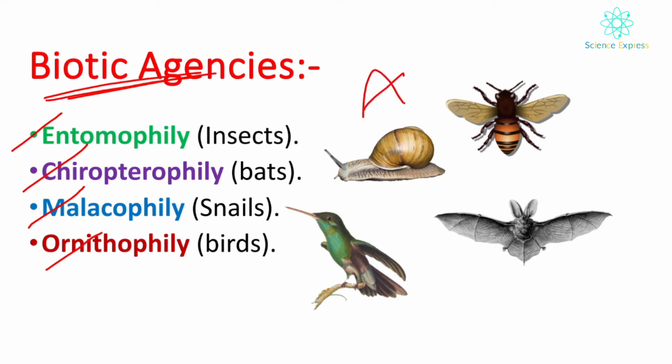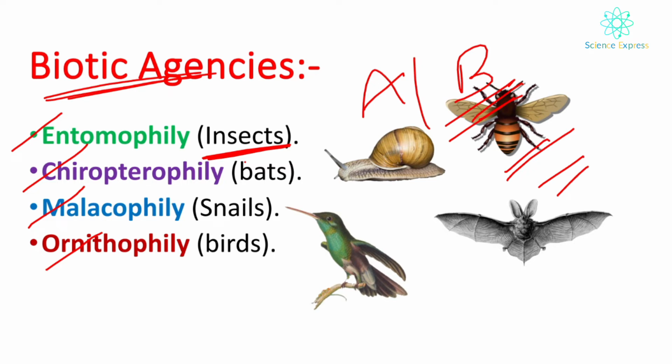One is abiotic agents, another is biotic agents. Entomophily, mainly insects are involved. Clear? Mainly honeybee, butterfly, wasps, moths, and chiropterophily, pollination by bats, malacophily, pollination by snails, and ornithophily, pollination by birds, mainly hummingbird and sunbird.